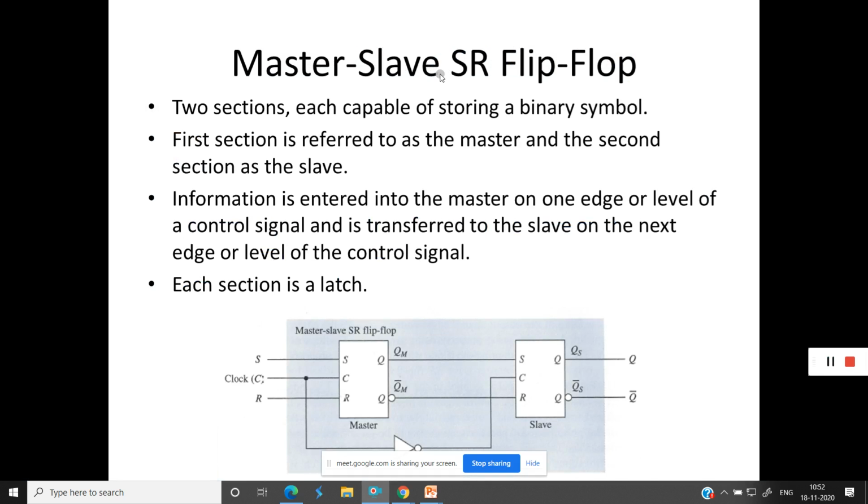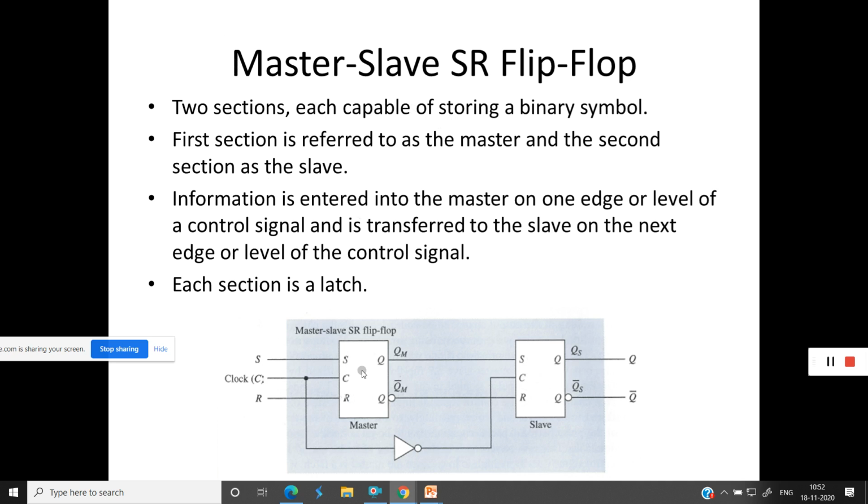So here, the master slave SR flip flop. There are two sections in this master slave SR flip flop. You can see here the logic network for the master slave SR flip flop. This is the master section and this is the slave section, each capable of storing a binary symbol.